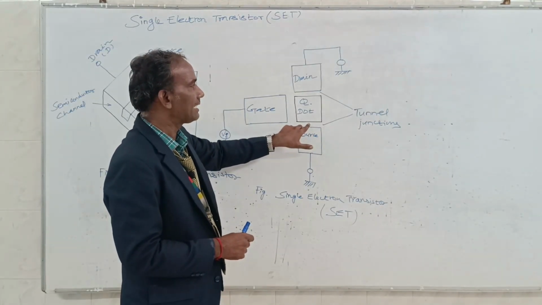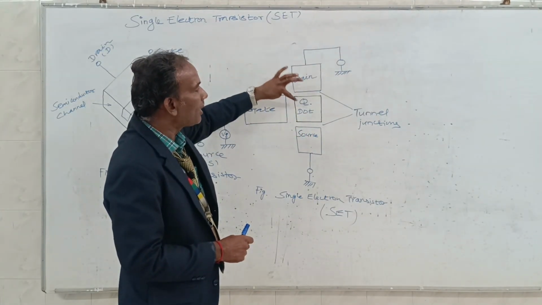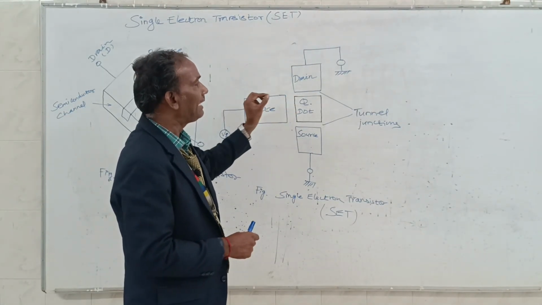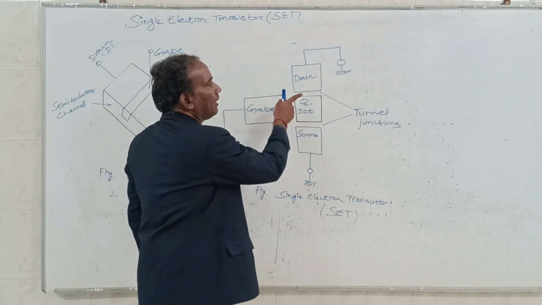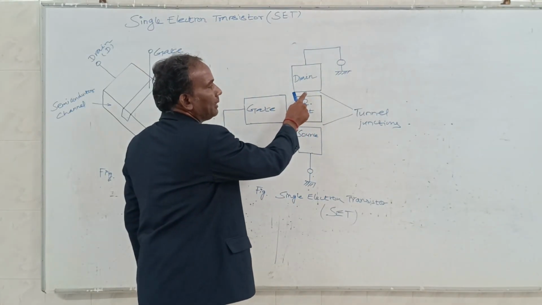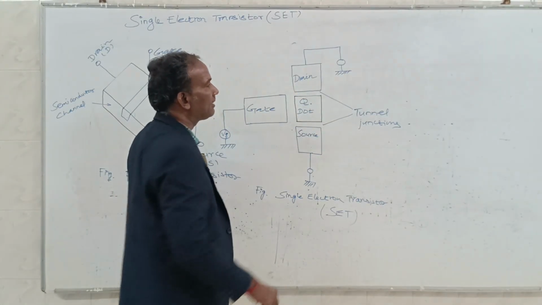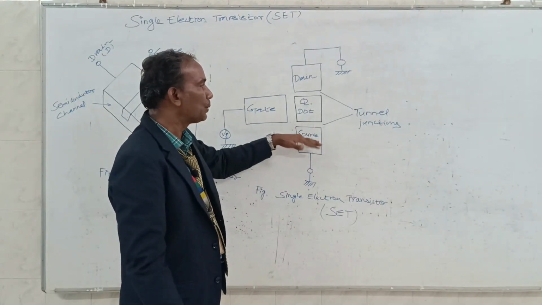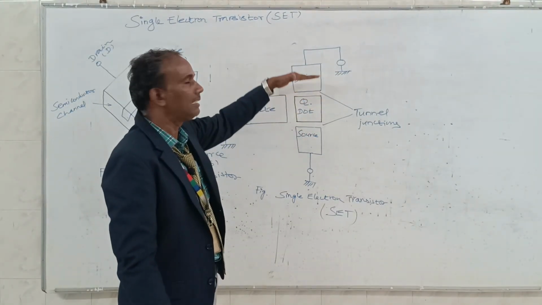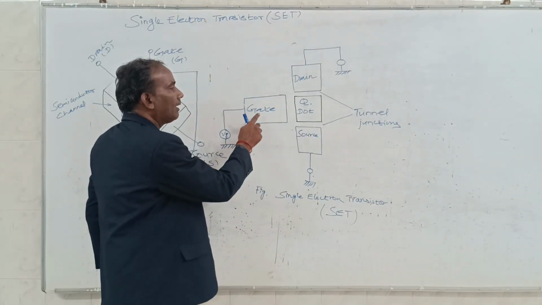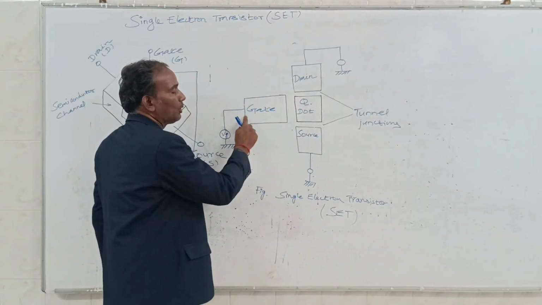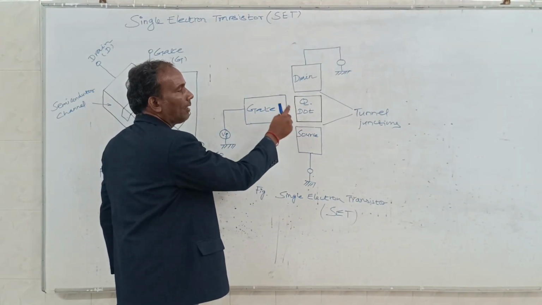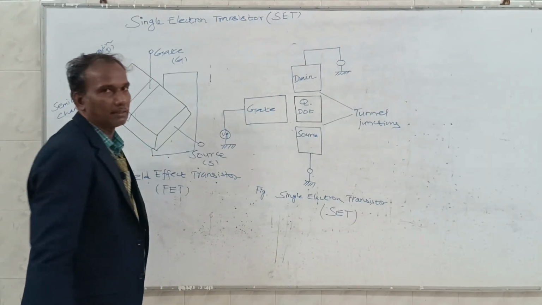In between the quantum dot and the drain, we also have another thin insulating material, which is also called a tunnel junction. Collectively, we have two tunnel junctions, one between the source and the quantum dot, and one between the quantum dot and the drain. We have one more terminal, the gate. In between the gate and the quantum dot, we have a gate capacitor.